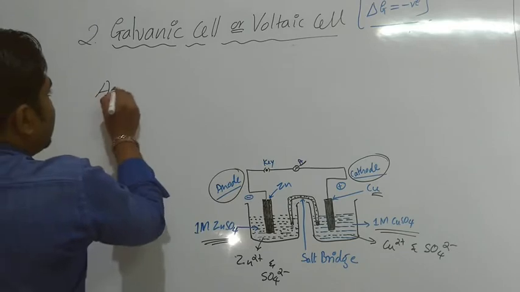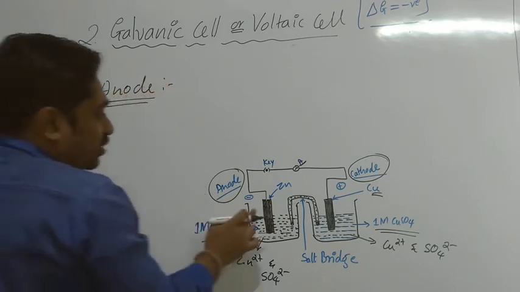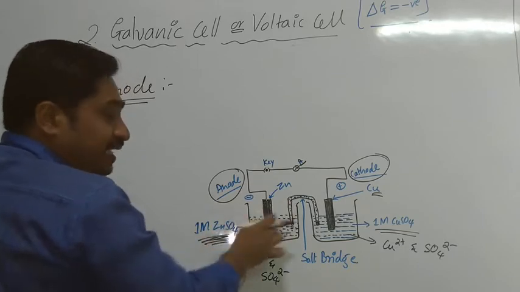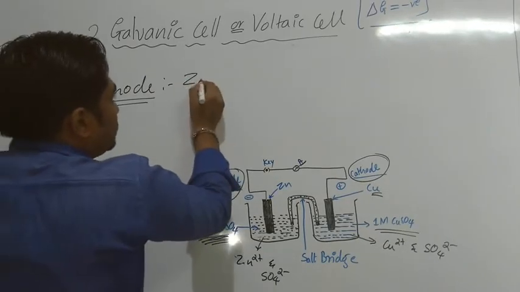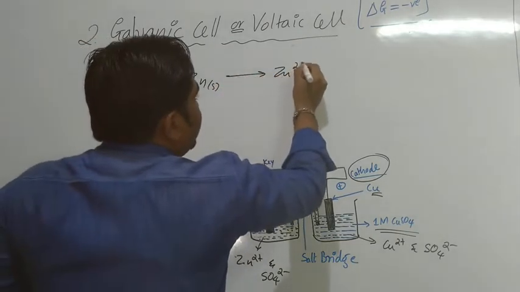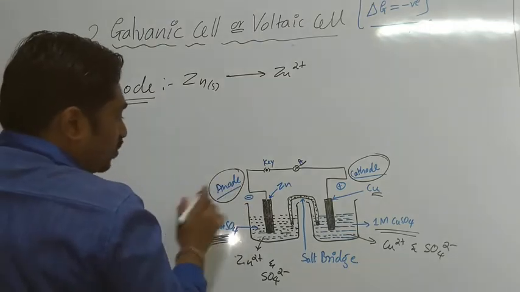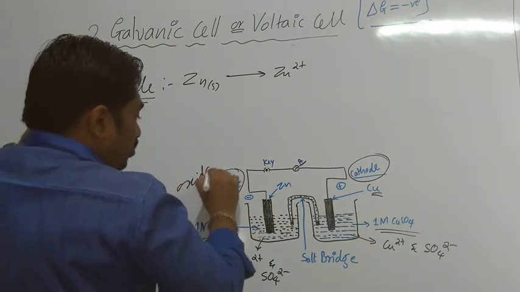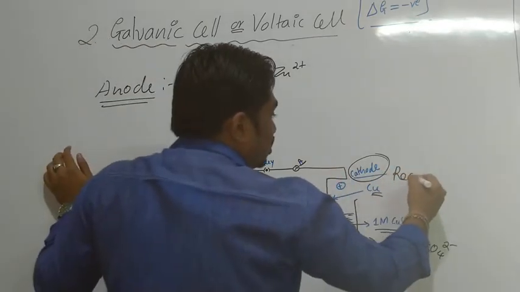At the anode, which electrode is there? The zinc electrode. At the anode the zinc electrode is there, means zinc is reduced. No, zinc is not reduced, it is oxidized. At the anode oxidation takes place, not reduction. At the cathode reduction takes place.